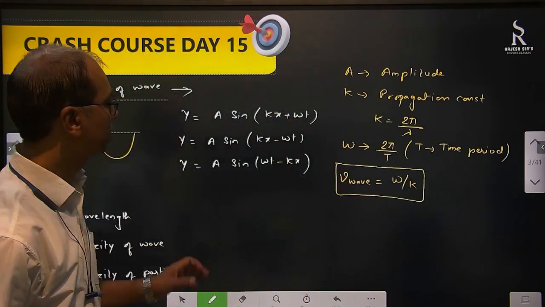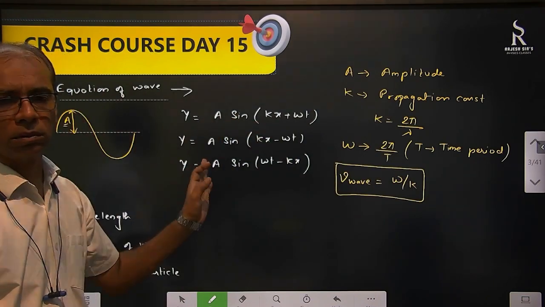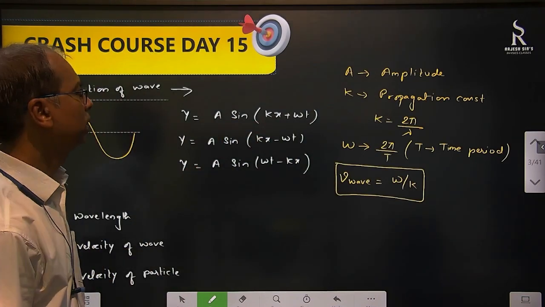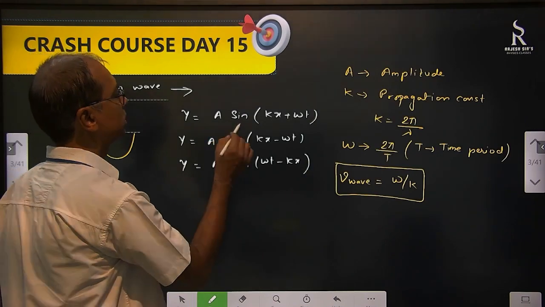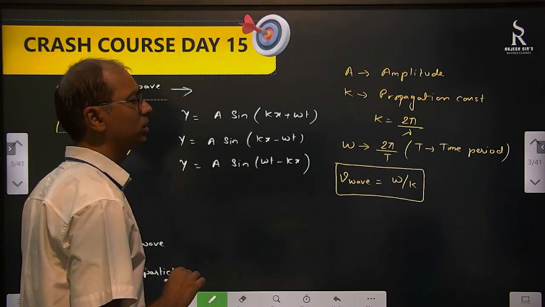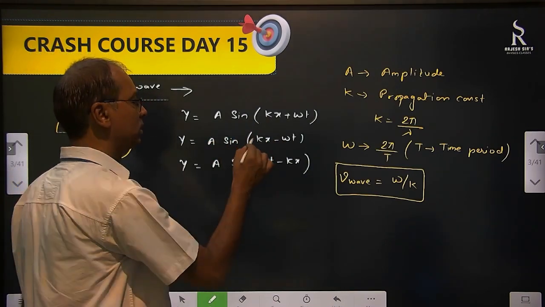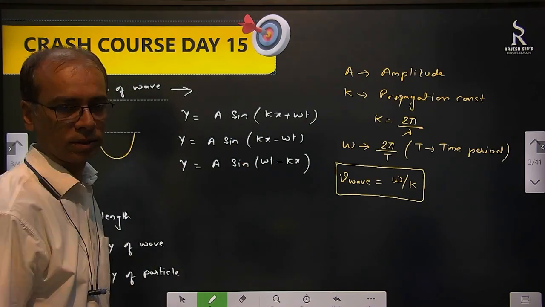Now there is a basic difference between all these waves that I have shown. This one is saying its direction is towards the negative x-axis, whereas these two are moving towards the positive x-axis.